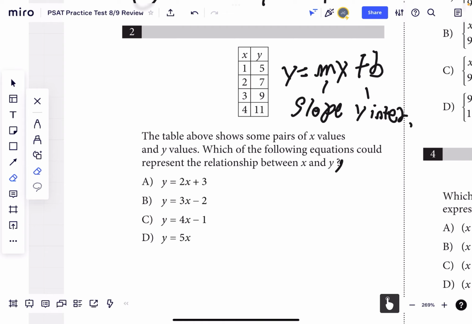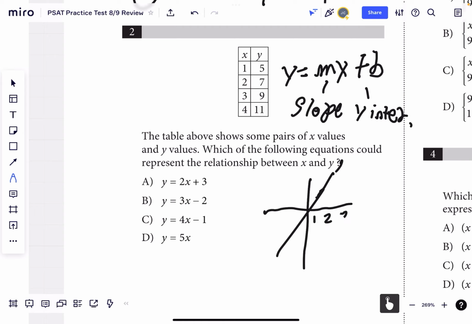So, as we can tell, now what is our slope? Let's say I have a line, and this line is 1, 2, 3, -1, -2.